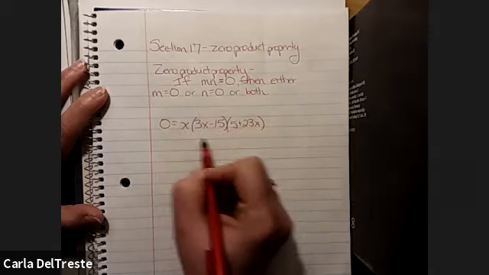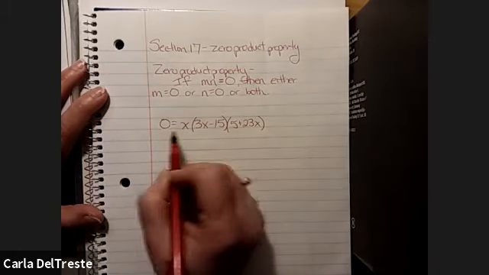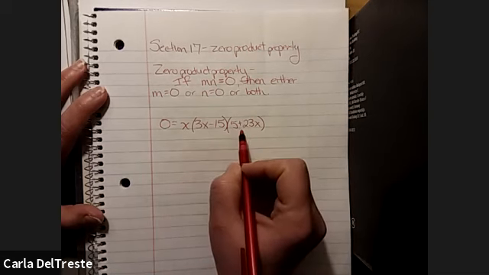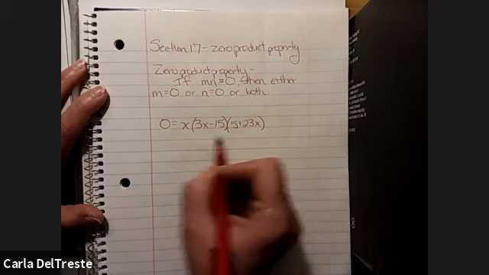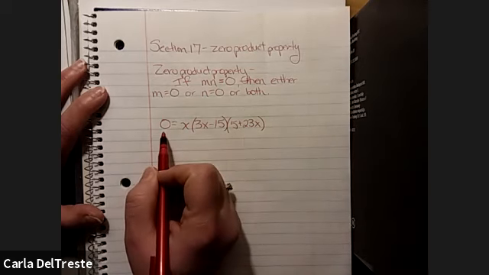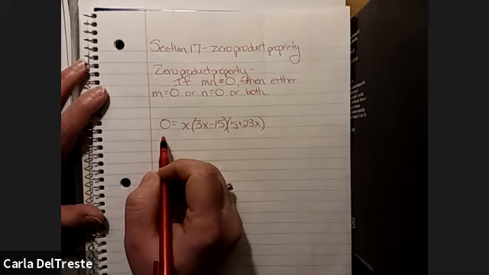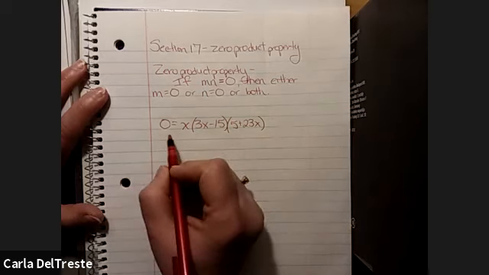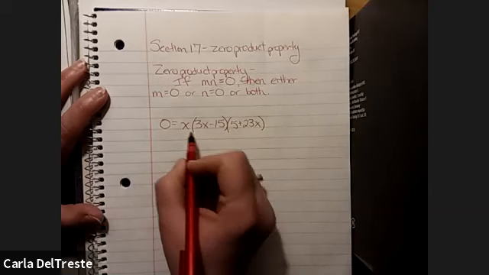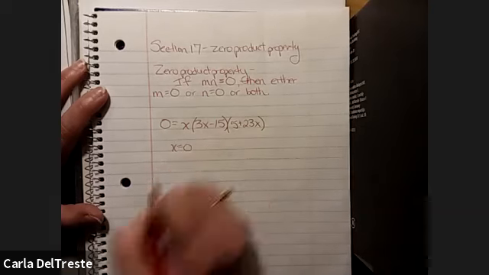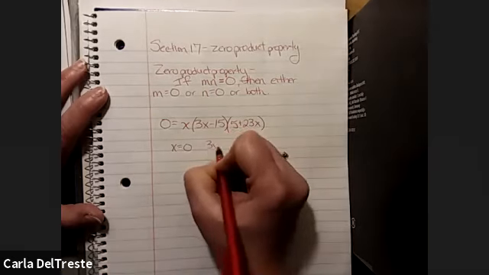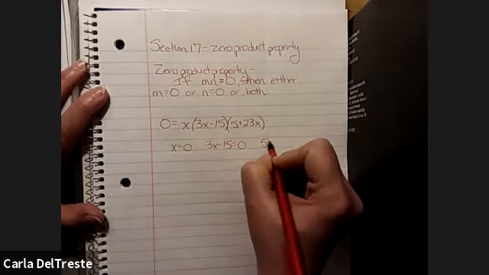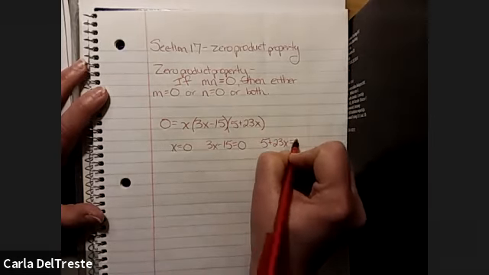This has already been factored, okay? So here are three factors: x times 3x minus 15 times 5 plus 23x. And this has been set equal to 0. So I can use the zero product property to solve this, because either x has to be 0 or 3x minus 15 has to be 0, or 5 plus 23x has to be 0.